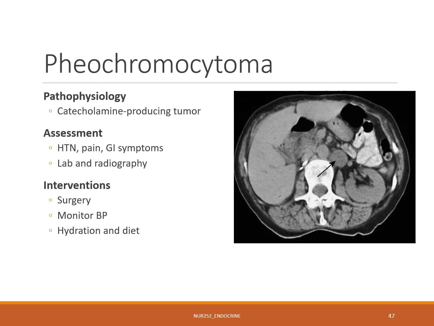Assessment involves identification of reported episodes of hypertension with concurrent severe headaches, palpitations, diaphoresis, flushing, and apprehension. Chest pain and GI symptoms such as abdominal pain, nausea, and vomiting may be reported.